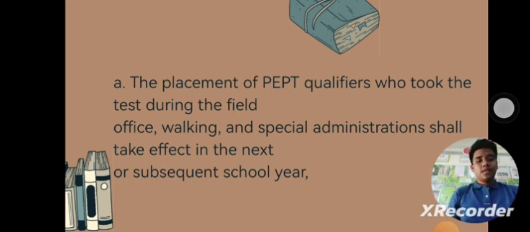So for the special administration, the test takes effect next school year, not the current year. Okay? So it will be effective next school year, not the current year that students have. Okay.